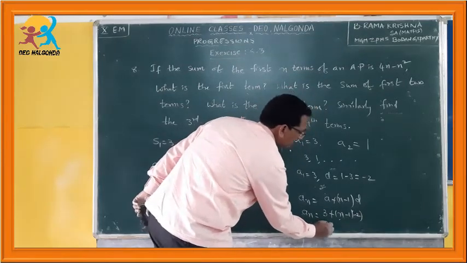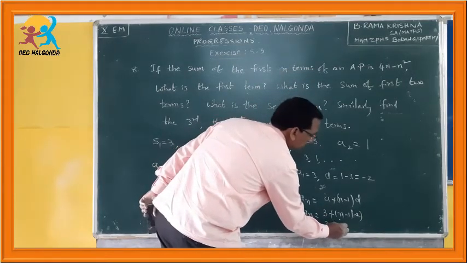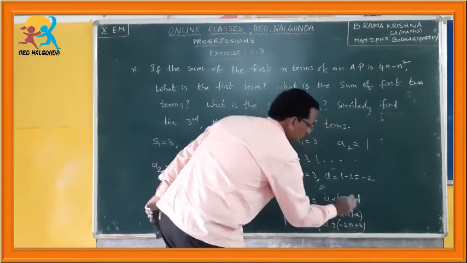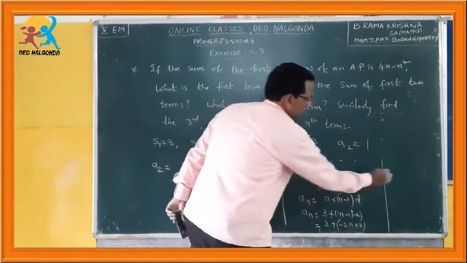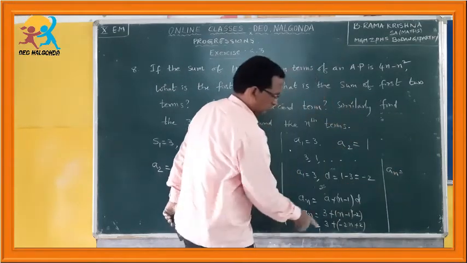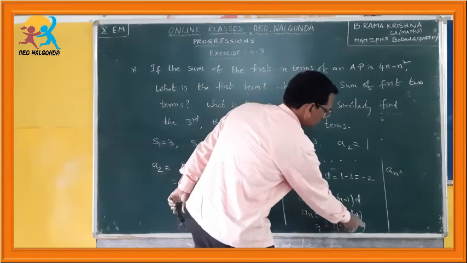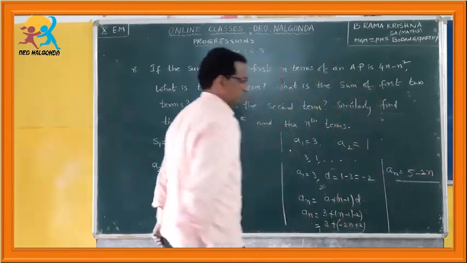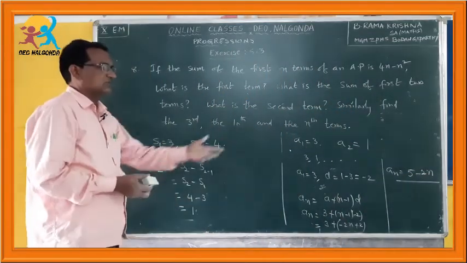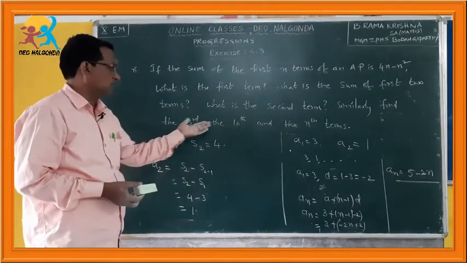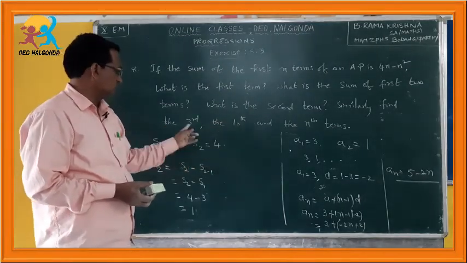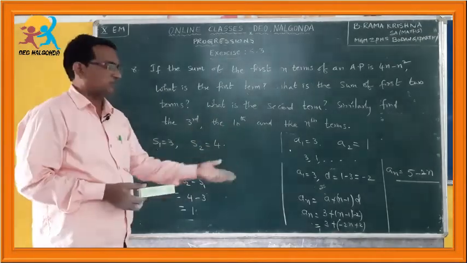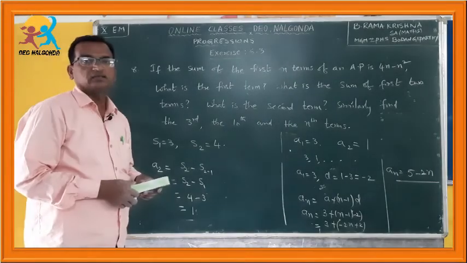If you simplify, An is equal to 5 minus 2n. That is the nth term. If n is replaced with 3, you can find the third term. If n is replaced with 10, you can find the 10th term using the nth term formula.